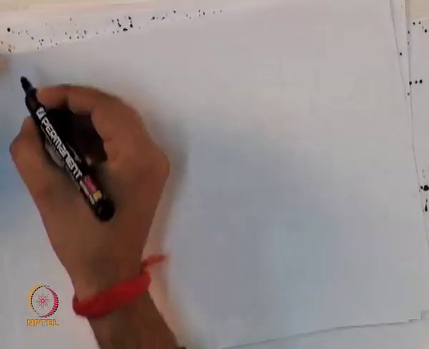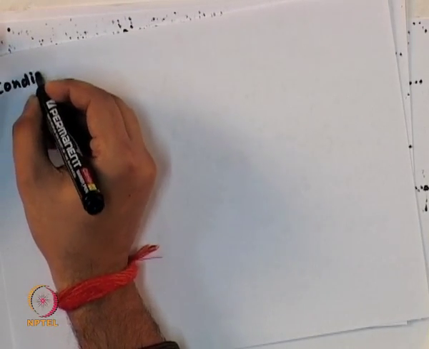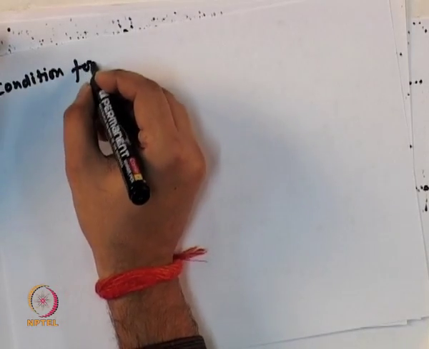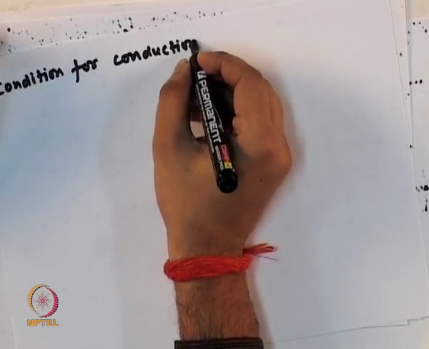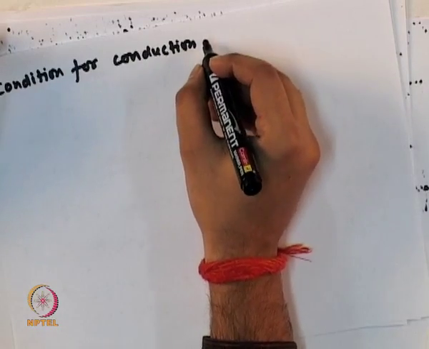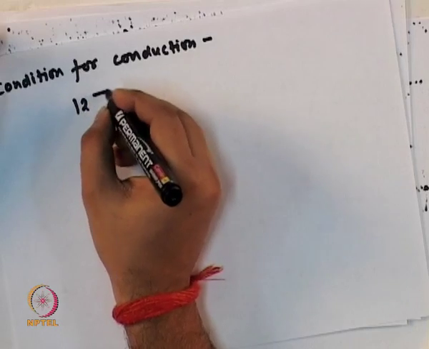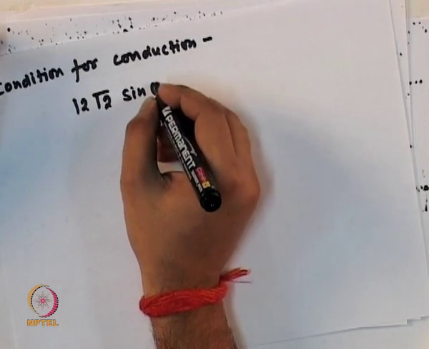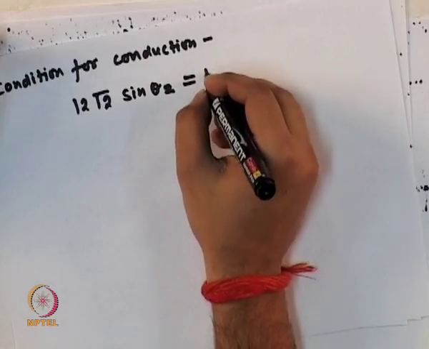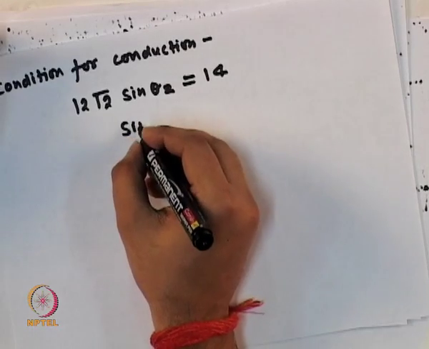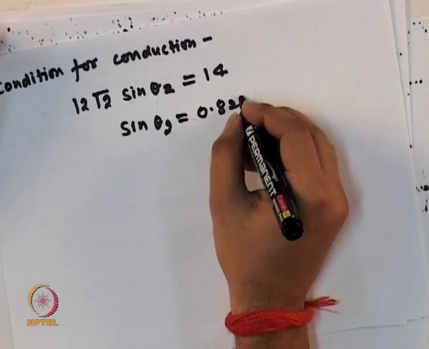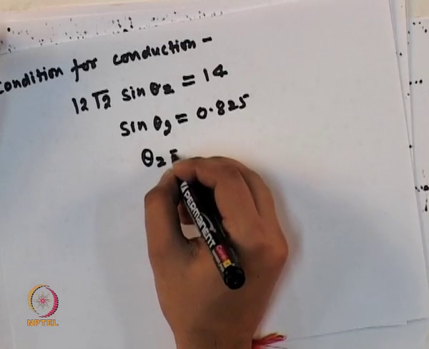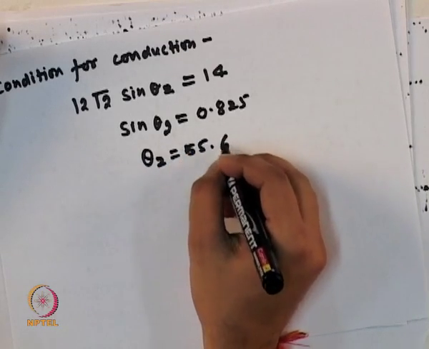Now the condition for conduction: 12 root 2 sin theta 2 equal to 14, sin theta 2 equal to 0.825, theta 2 equal to 55.6 degrees.